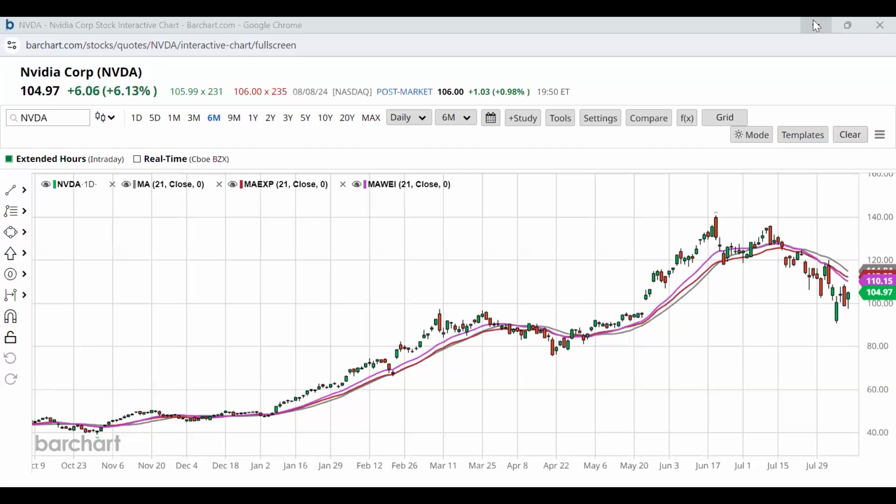The simple moving average is in a cement color, the exponential moving average is in red, and the weighted moving average is in pink. See, I had taken the same 21. I have not taken any different thing. You can check here, it's the same 21, 21, 21. But still, you can see the difference. There are three different lines.